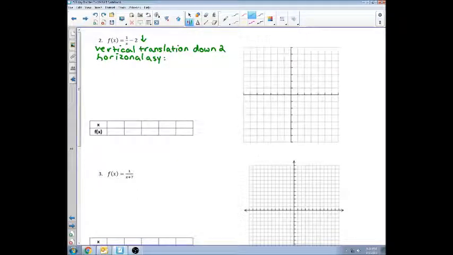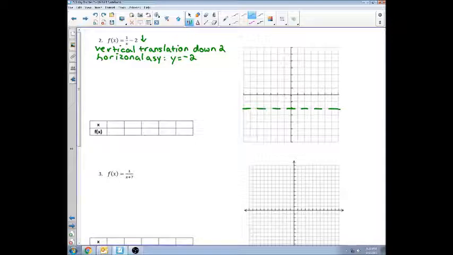The horizontal asymptote starts at y equals 0. If I move down 2, that means that my horizontal asymptote has now moved to y equals -2. So it started at 0, now it's at -2, which means that I have a horizontal asymptote at -2.